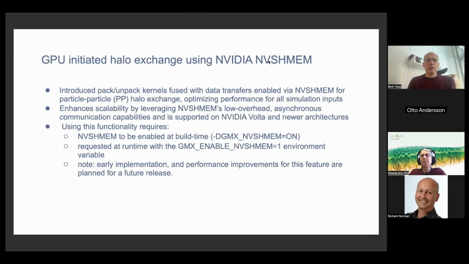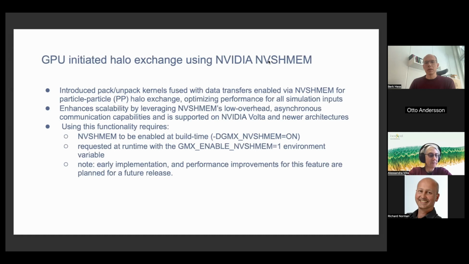Okay, then for NVIDIA, there's a GPU-initiated halo exchange. So this is using the NVIDIA shared memory, NVSHMEM interface. This is an NVIDIA implementation of the general SHMEM interface, which provides faster communication through shared memory, potentially not using MPI.